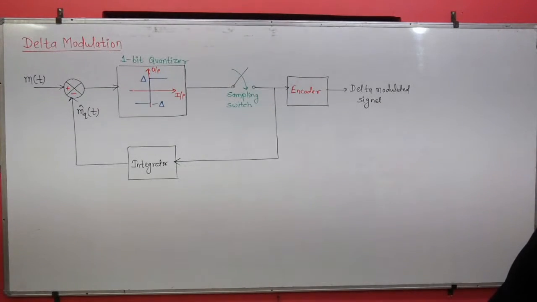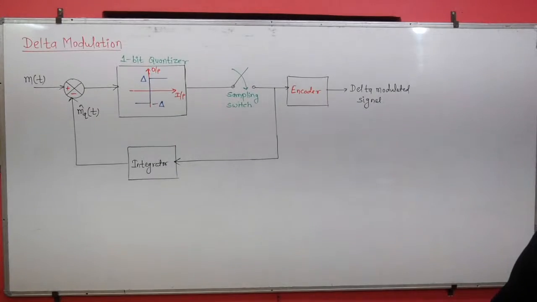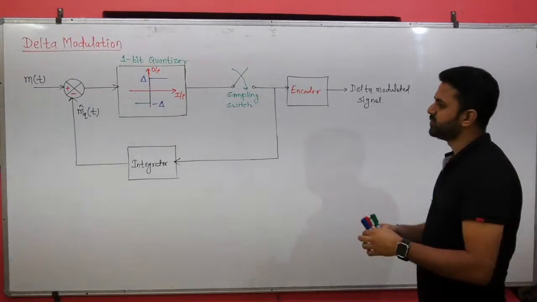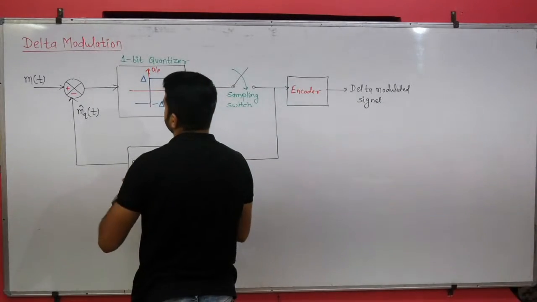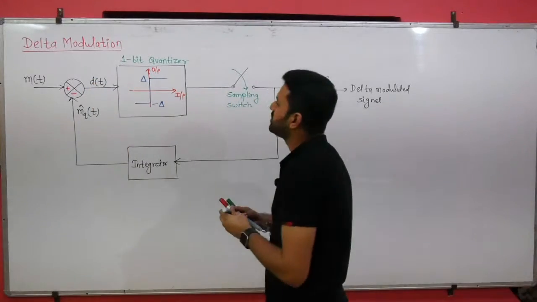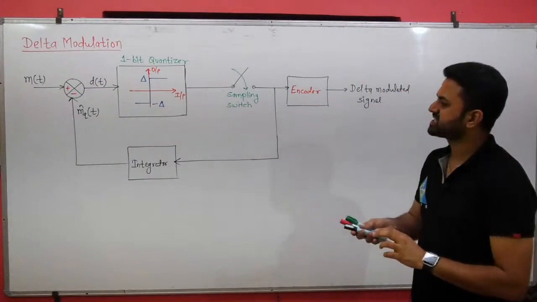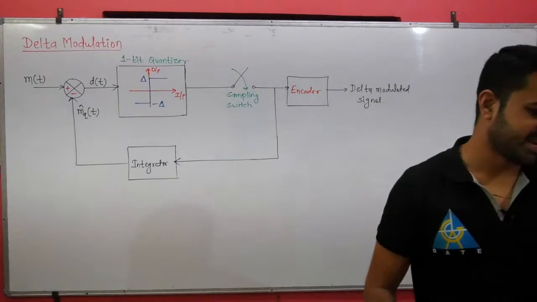So what will be the output of this 1-bit quantizer, whether it is plus delta or minus delta? Okay, so it depends on the input, right? So tell me what this characteristic tells.